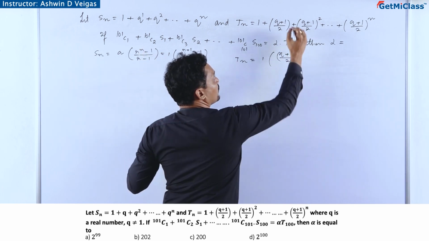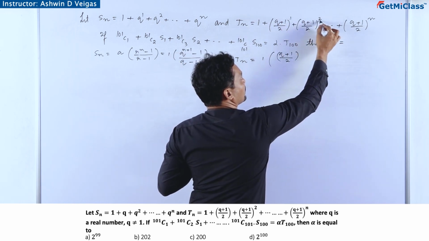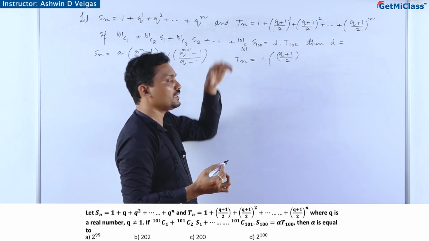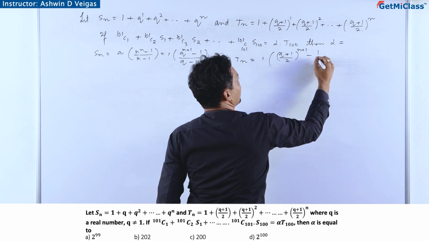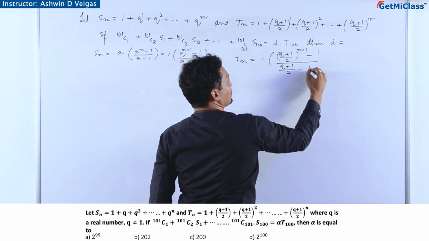Again this is ((q plus 1) by 2) power 1, power 2, up to n. So from here to here there are n terms and this 1 term, so totally there are n plus 1 terms, minus 1 divided by (q plus 1) by 2 minus 1.